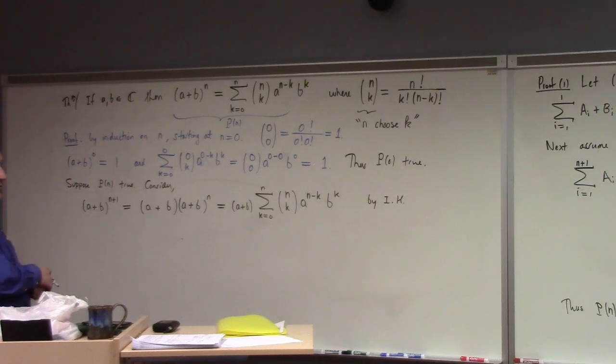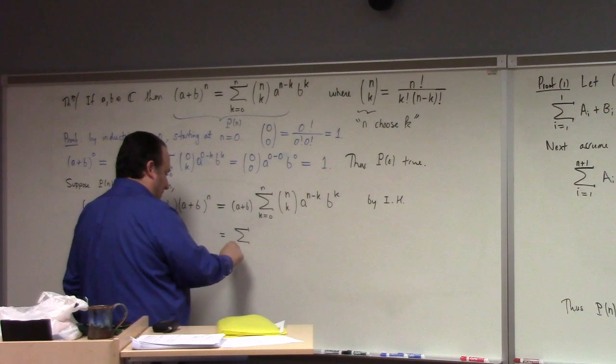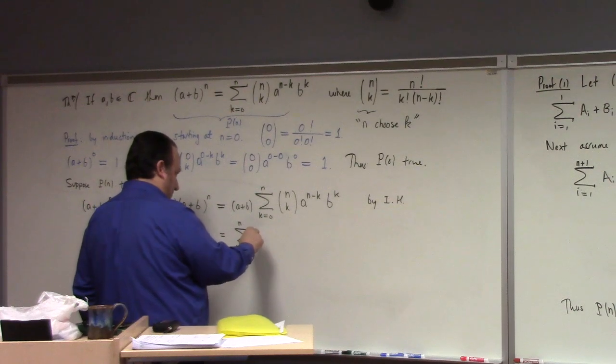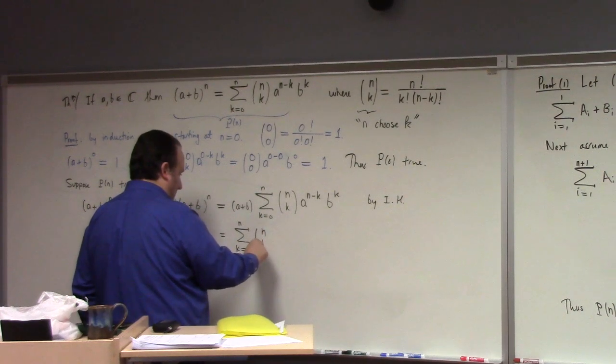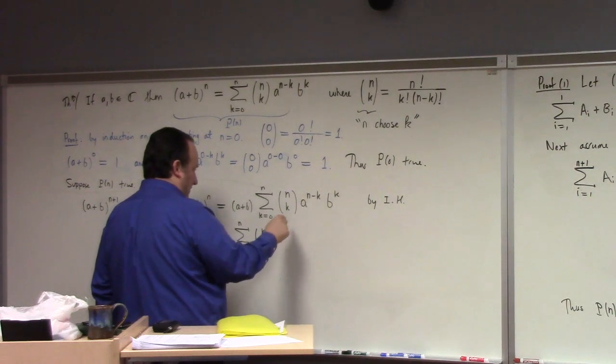Any ideas? How about this? We could rewrite this as the sum, k equals 0 to n of n choose k, times a times that. But a times that is what?